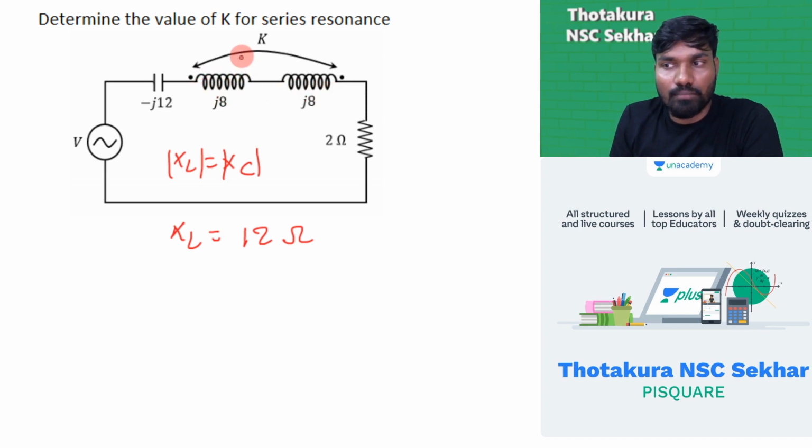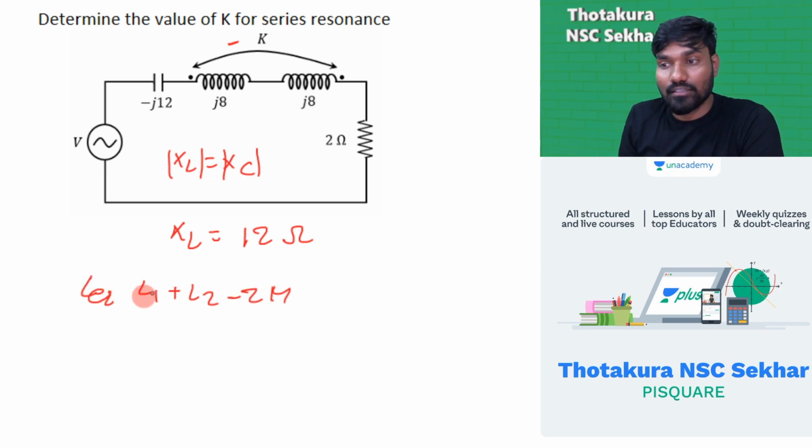Positive coupling or negative coupling? Current is entering at the dot and leaving at the dot, so it is negative coupling. We know the formula for negative coupling, series connected: L equivalent is L1 plus L2 minus 2M.